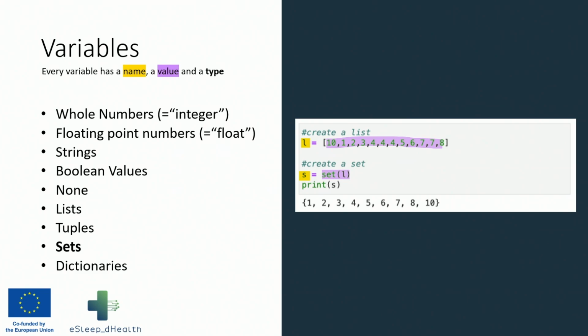And we write S equals set, open round bracket, L, close round bracket. That means we create a set based on the list L. The characteristics of a set are that every element only appears once, and they will appear in the right order. So if a set is filled with numbers, they will be ordered by the number. If it's filled with letters, it will be organized by the alphabet.